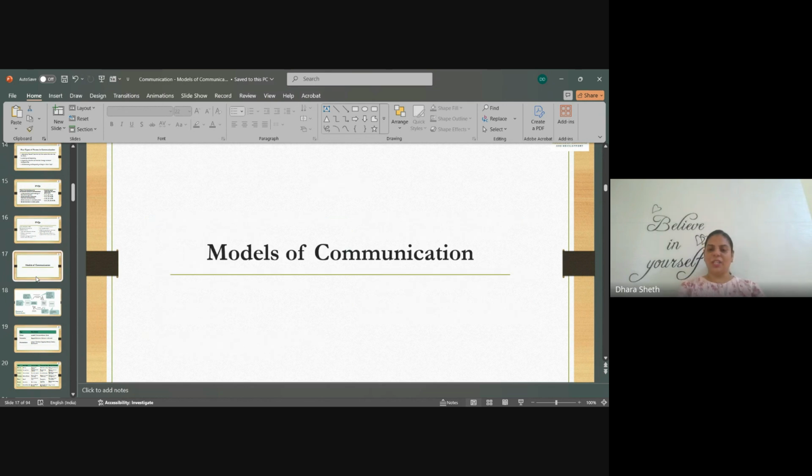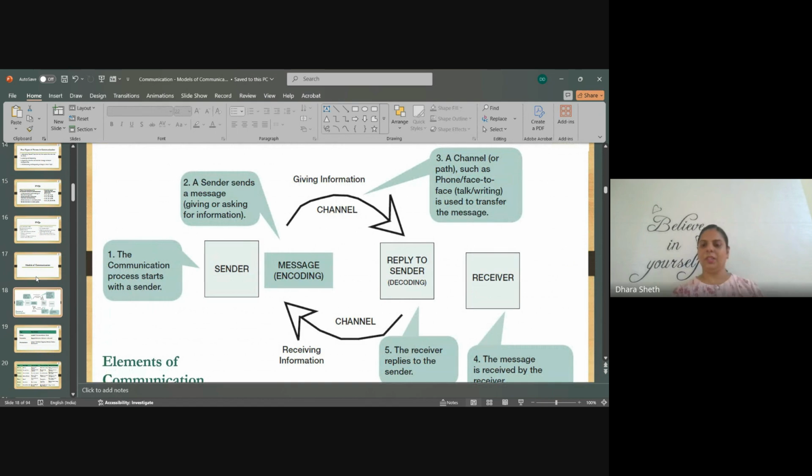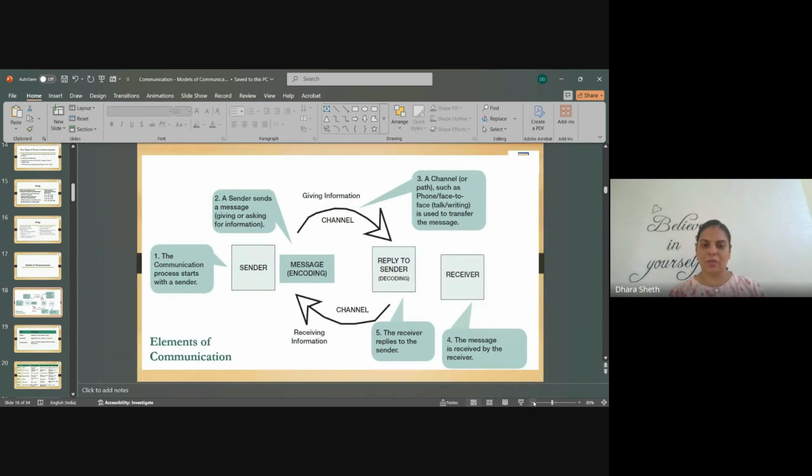Now let's go to models of communication. This is basically what happens in communication. The communication process starts with the sender. The sender sends a message, giving or asking for information. Encoding of the message happens. Through the channel, you give the information to the receiver.